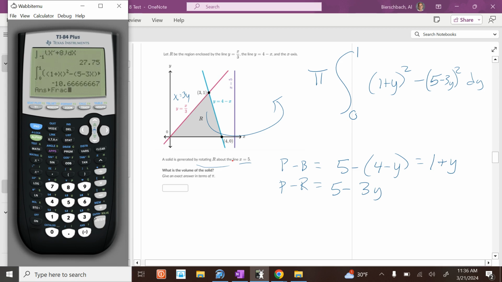Math, turn it into a fraction, please. Negative 32 pi over 3.